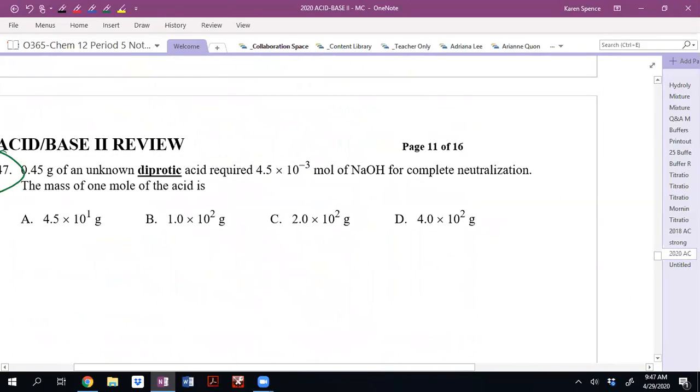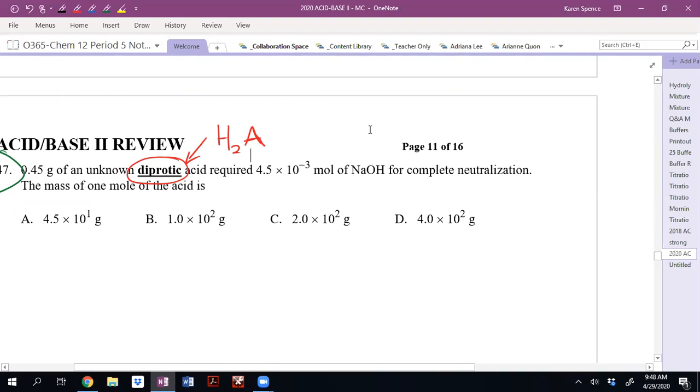All right, number 47, we have a diprotic acid. Oh, it's bolded and underlined. That must be important. A diprotic acid contains how many hydrogens? 2. So we're going to just call that H2A because we don't know its name. So we have H2A, and it is reacting with NaOH.